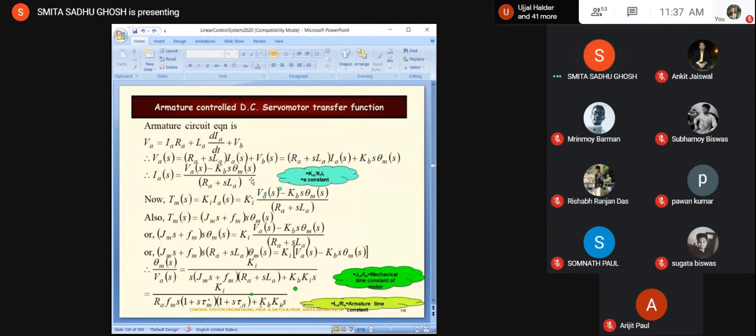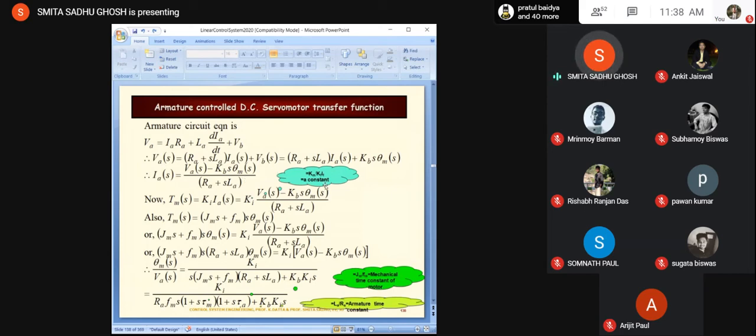Now also, if you recollect, Tm is equal to Ki into Ia that we had got initially. So Tm(s) is equal to Ki into Ia. That brings us to the fact that we replace Ia in this expression, and we get Tm(s) is equal to Ki into Ia being replaced by this. So this is what we have finally got.